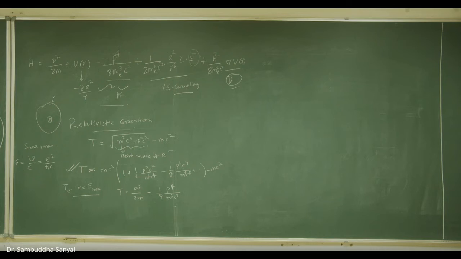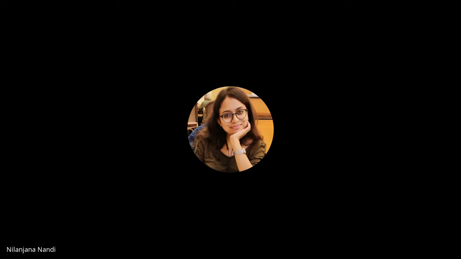Do you remember this discussion in Bohr's atomic theory? Can you guess, even if you don't remember, how you can write down the velocity in terms of the electron's charge and Planck constant? Any guess? Kinetic energy equal to potential energy.